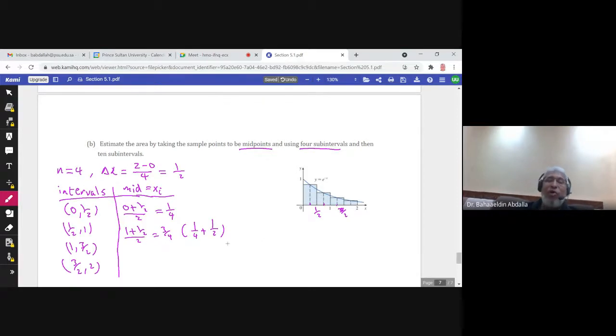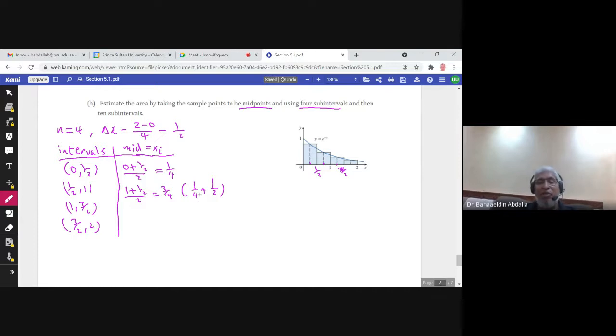So to find all the midpoints, you just add half. So now you have 3 over 4. If you add another half, you get 5 over 4. Another half, you get 7 over 4. So these are the midpoints, the mid values of x.